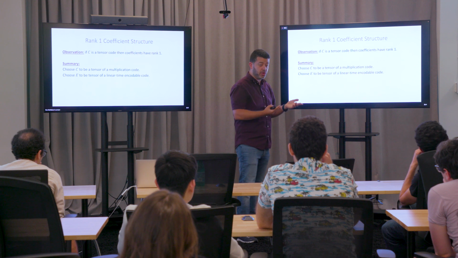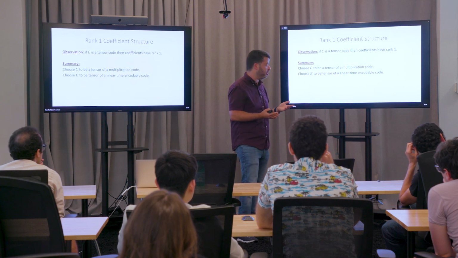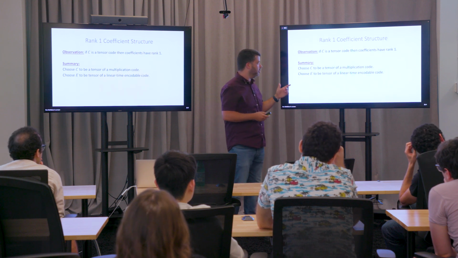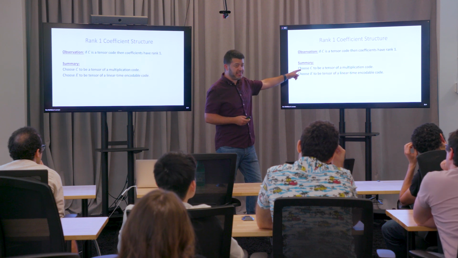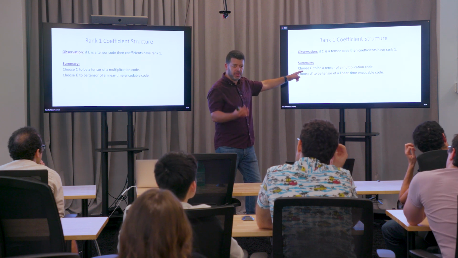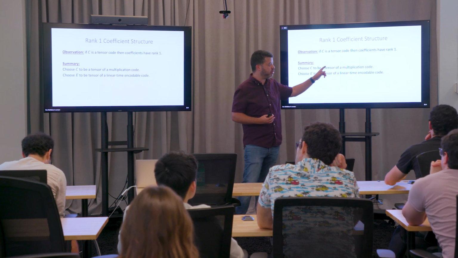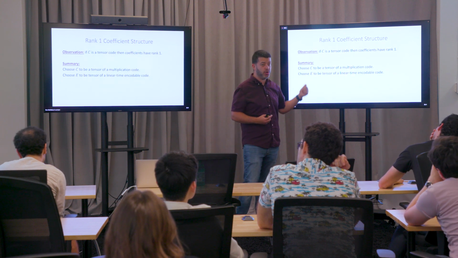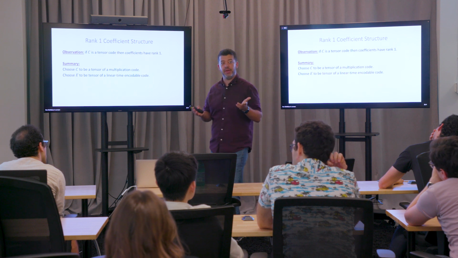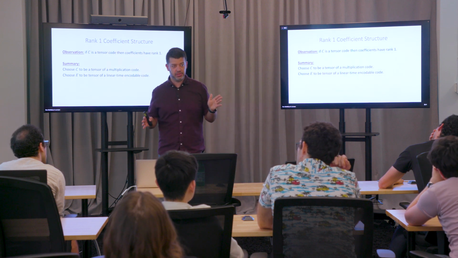So indeed, the coefficient that we have will have the right structure. So as long as we choose our code C, under which we are doing all of the machinery, all the sum checks and so on, to be a tensor of a multiplication code, and we choose the code E to be a tensor of a linear time encodable code, then we're golden.